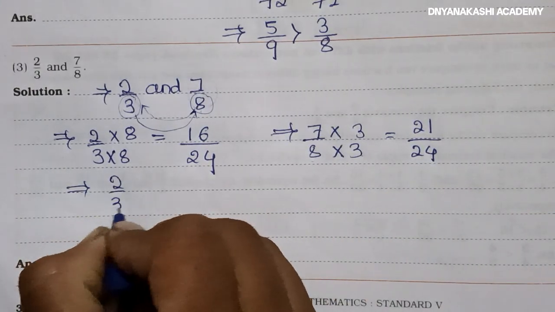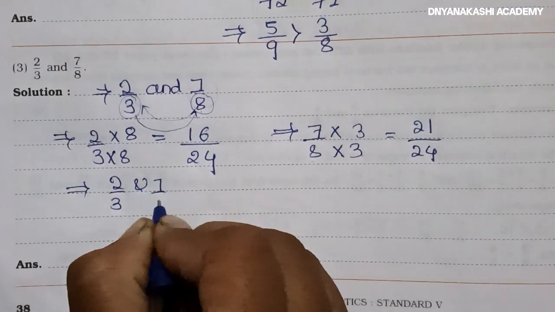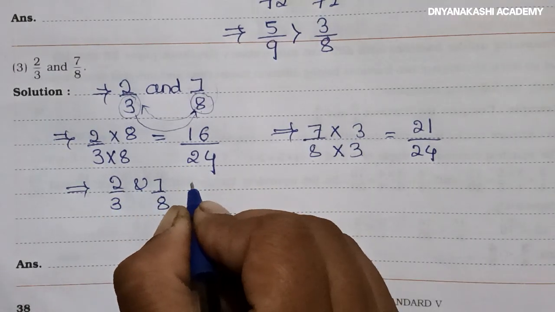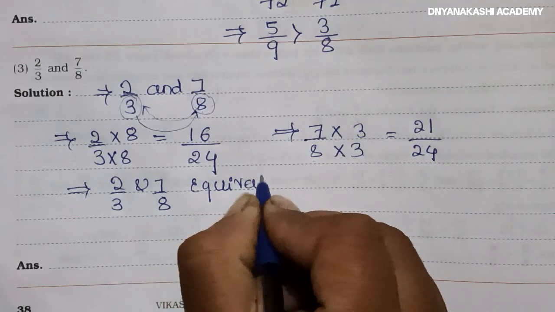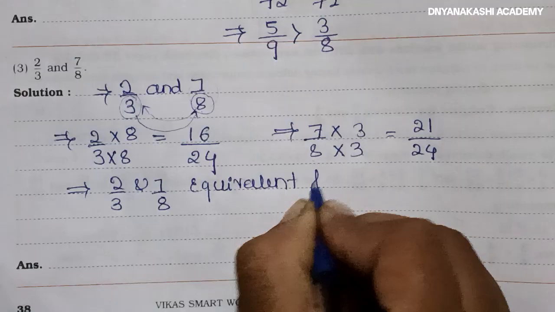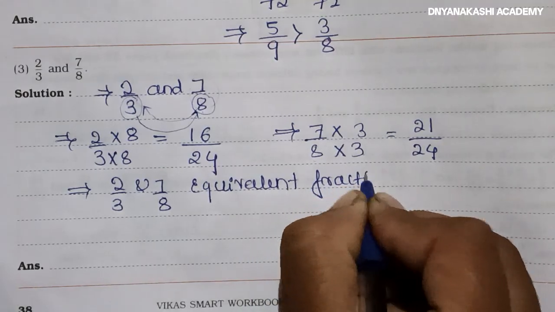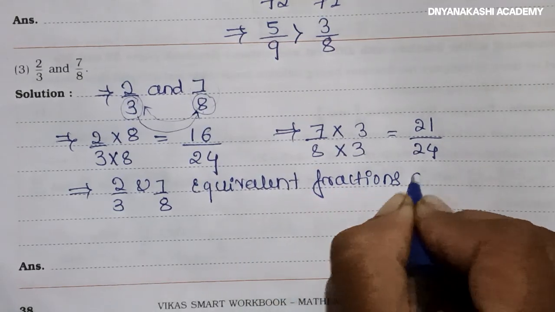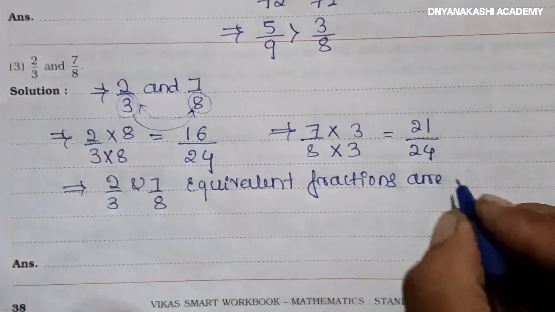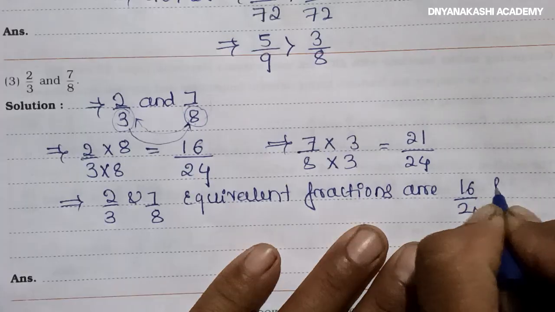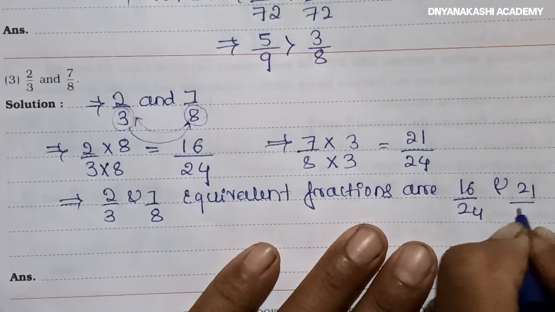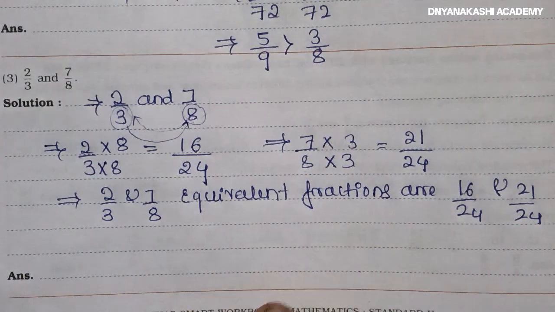The equivalent fractions of 2 by 3 and 7 by 8 are 16 by 24 and 21 by 24.